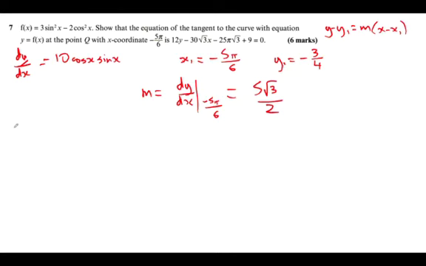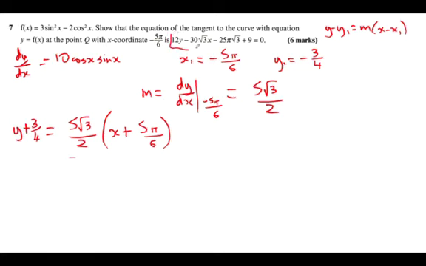So let's look at the equation. y minus minus 3/4, so plus 3/4, equals m, so 5√3 over 2, times x minus minus 5 pi over 6, so I'll add it. We've now got to move from this equation to try and find the equation we want.